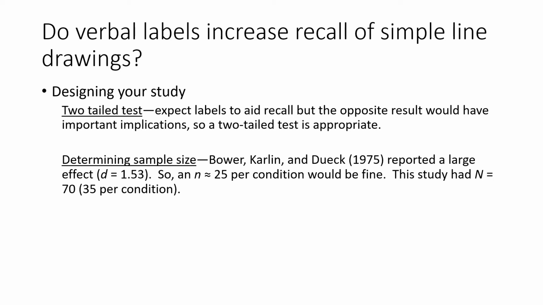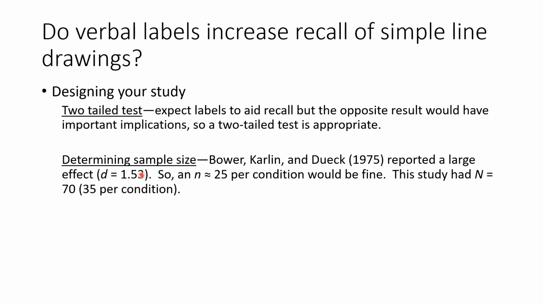You also want to make a decision about sample size. In this case, the previous research reported that they had found a very large effect, a d of 1.5. Using the table in chapter 5, you know that if previous research suggests that you might find a large effect, you can get by with a sample size as small as 25 people per condition to find that large effect.